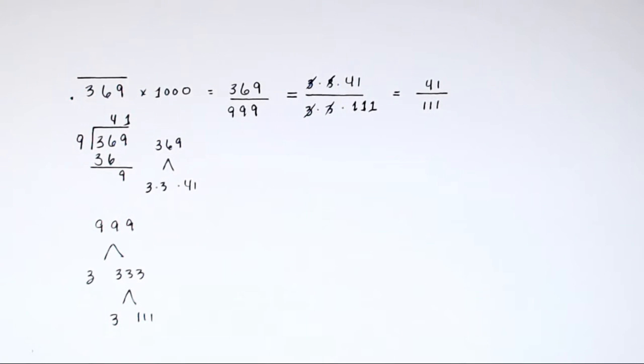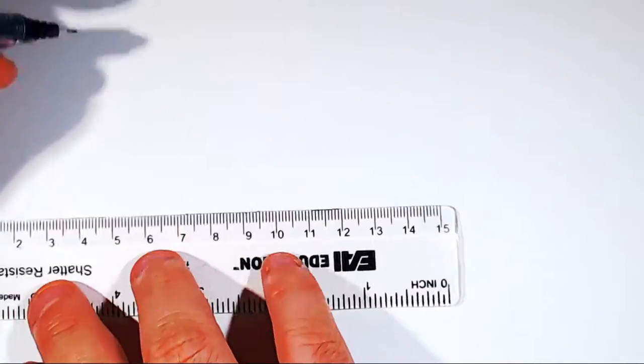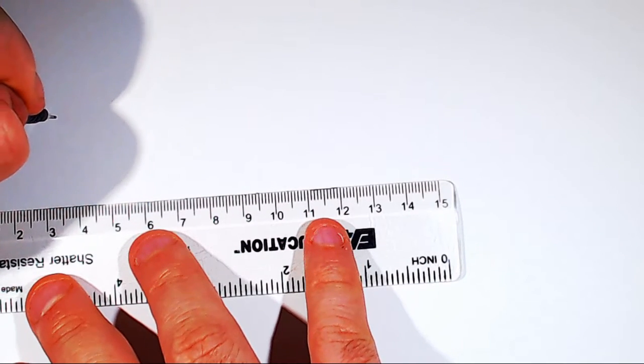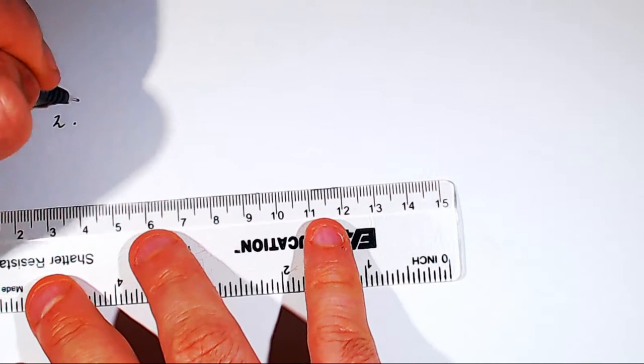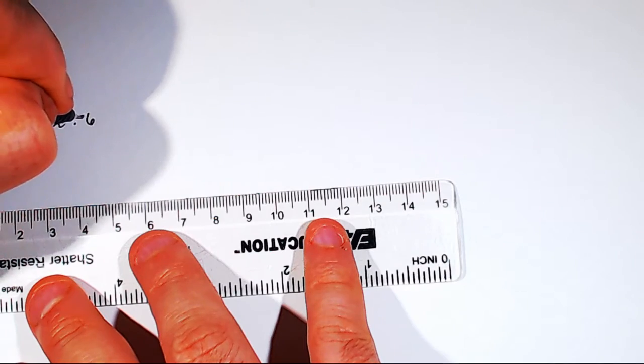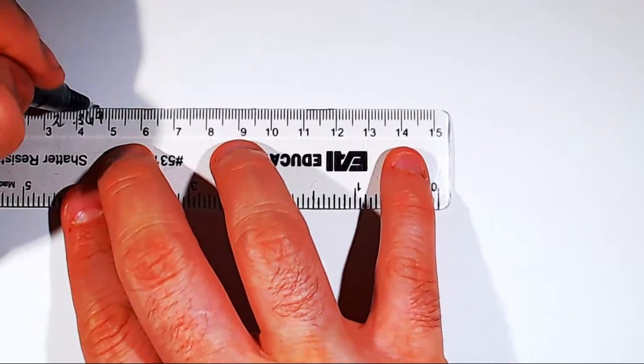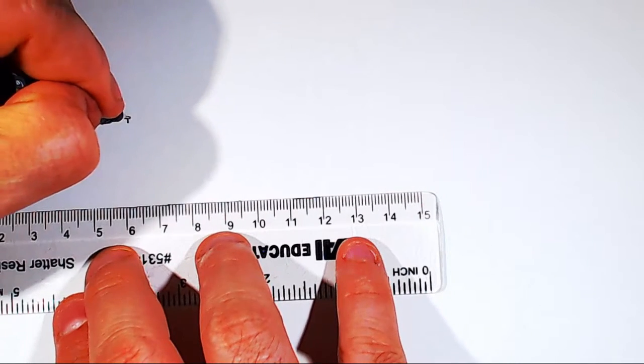So that's fun. Now here's a question. How do I write 2.369 repeating as an improper fraction?